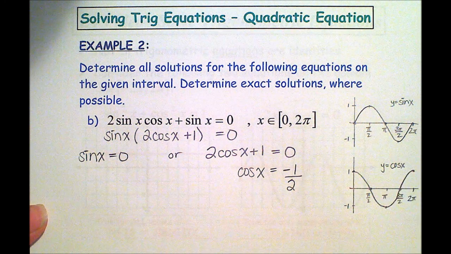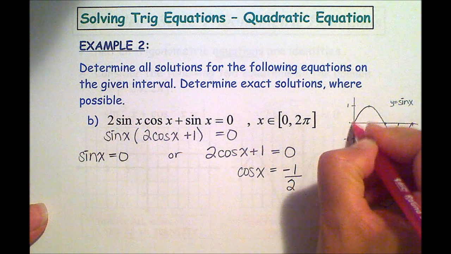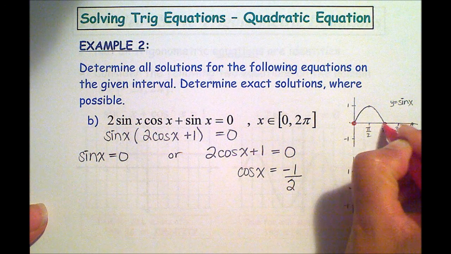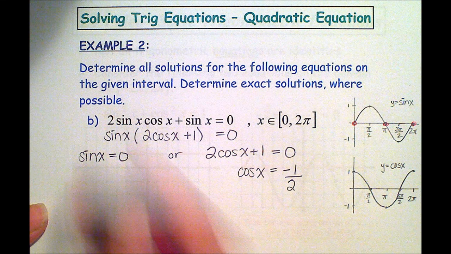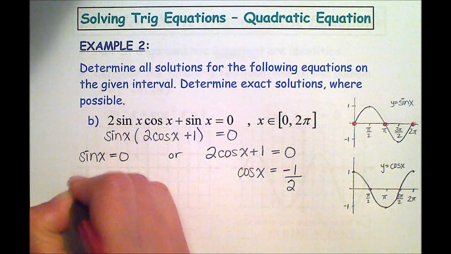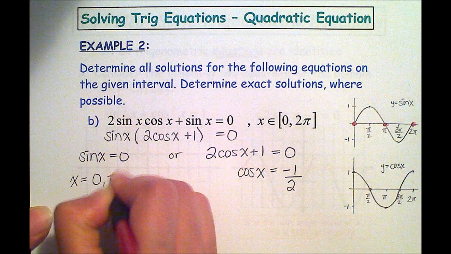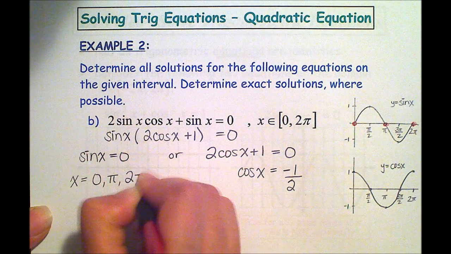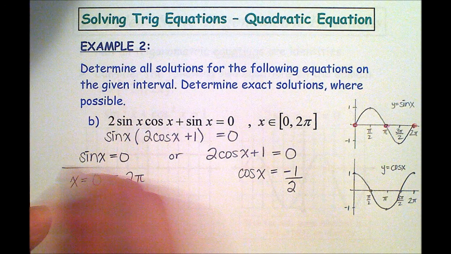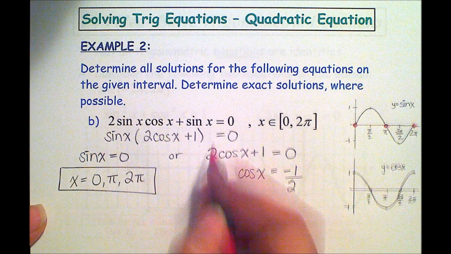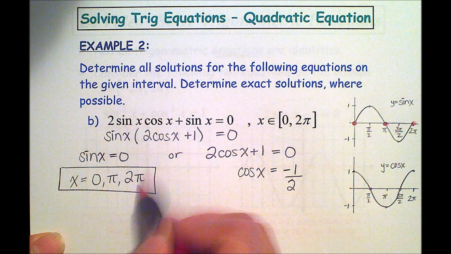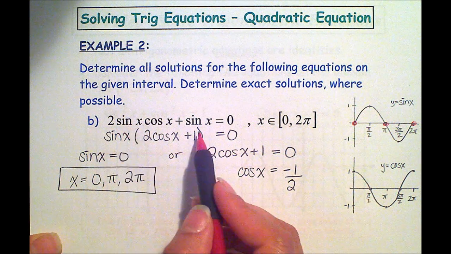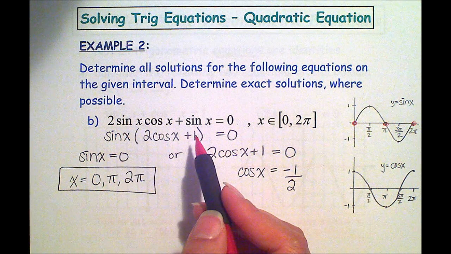And you can see that at 0, pi, and at 2 pi, the function is equal to 0. Okay? So this one's pretty quick to solve. X would be equal to 0, pi, and 2 pi in one cycle. And so there's 3 solutions so far that would satisfy this equation. So if I plug in x equal to 0, x equal to pi, or x equal to 2 pi in this equation, then the left side would be equal to the right side.